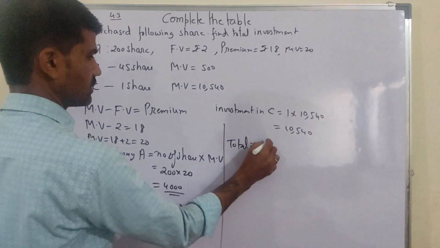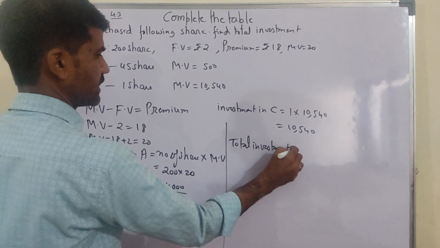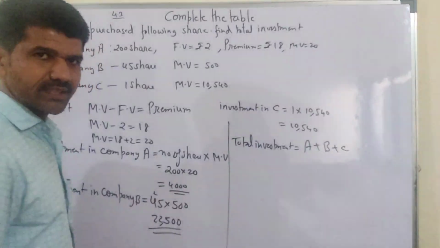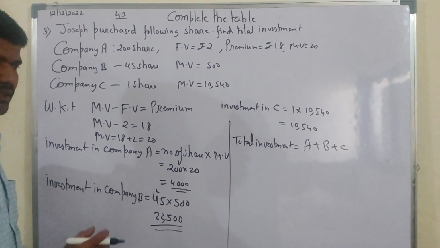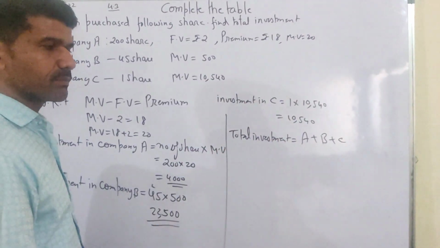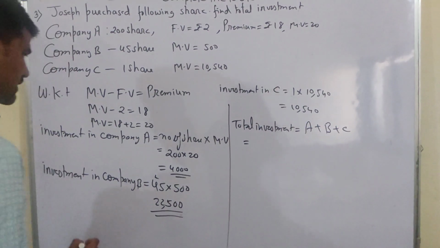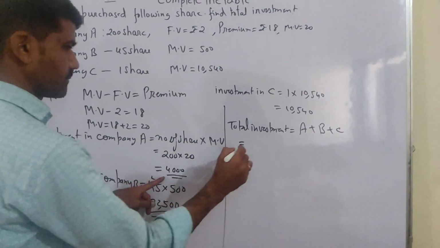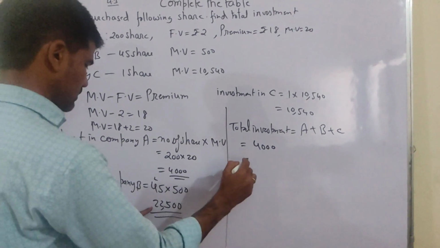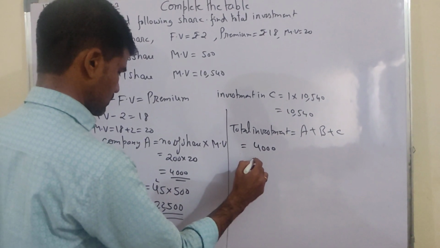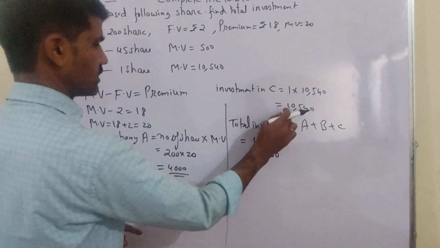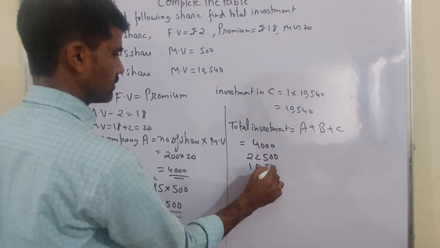Total investment equals Company A plus Company B plus Company C. You write them properly, I am just explaining. Investment in Company A plus investment in Company B plus investment in Company C. How much? 4000, in B that is 22,500, plus 10,540.